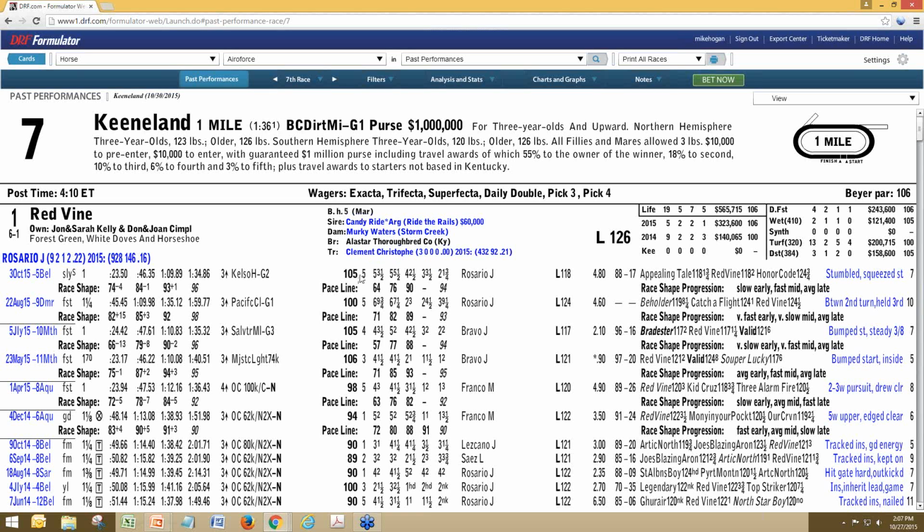And then under the PPs and running lines of the actual horse, you'll see the numbers run for that individual horse, where if they were the leader and winner, these numbers will match. In the case of Redvine, where he was never in the lead in the first 3 points of call, his numbers are going to vary from what the leader set.